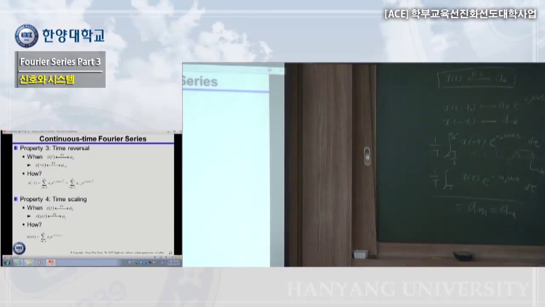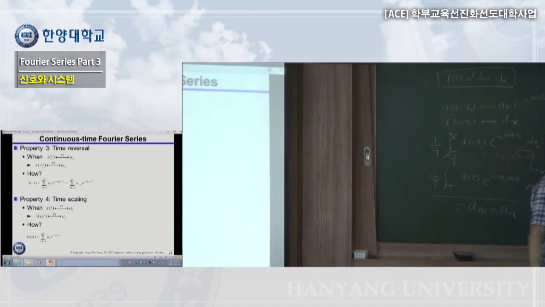Exponential, now j omega 0 k minus t. And then we do it again, say m is minus k. Then this one becomes what? A m exponential j omega 0 m t.